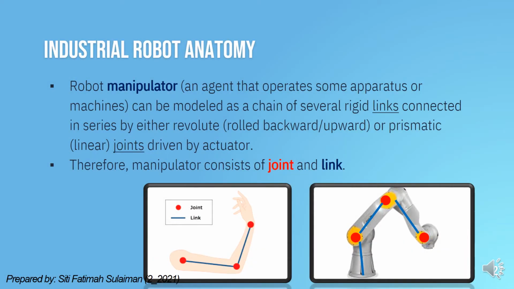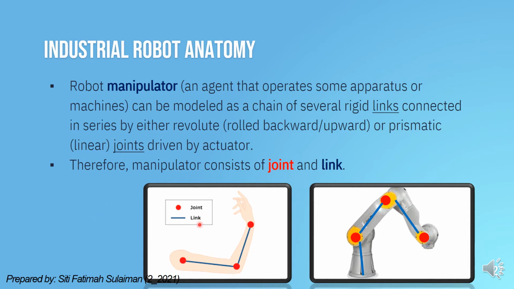Okay, so as mentioned earlier, our main focus for this chapter is industrial robots. The robot arm, or what we call a manipulator, is one of the most important components in industrial robots. So an industrial robot manipulator consists of joints and links.